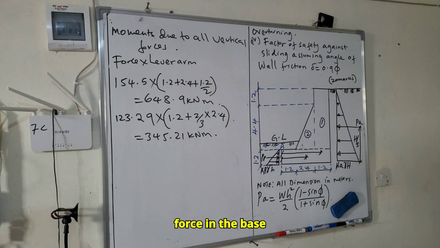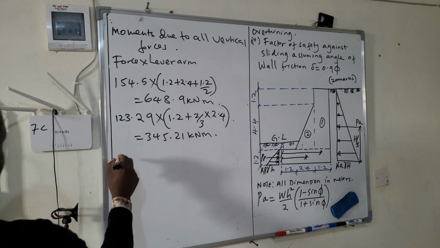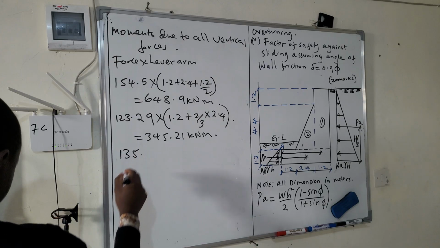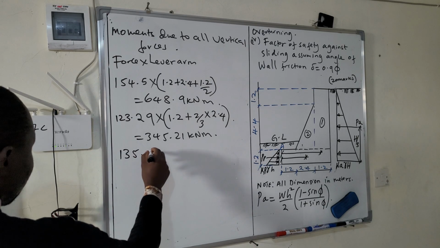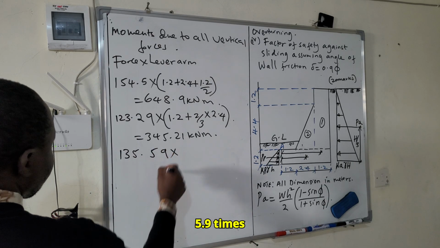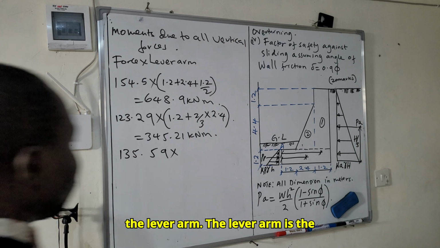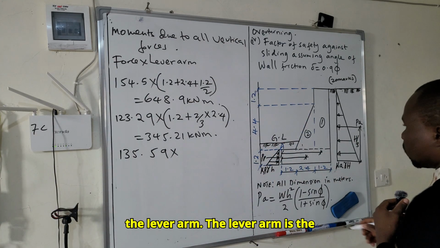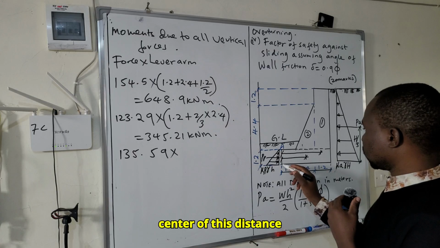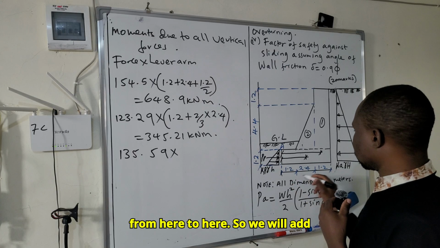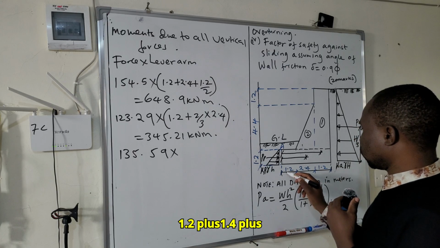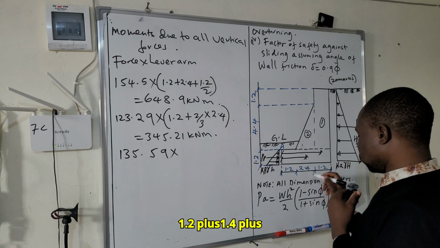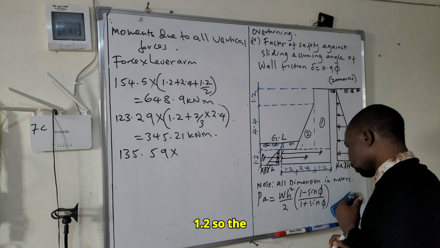Our force in the base is 135.59 times the lever arm. The lever arm is the center of this distance from here to here. So you will add 1.2 plus 2.4 plus 1.2.